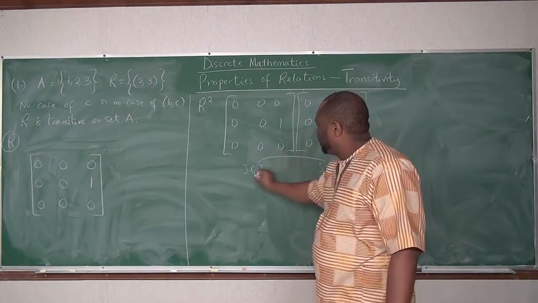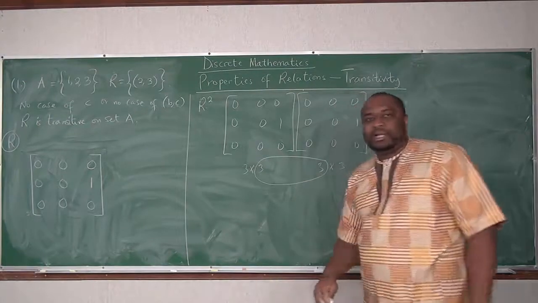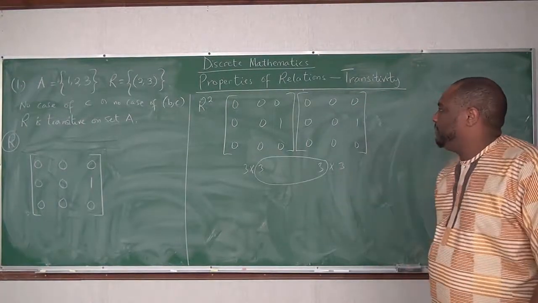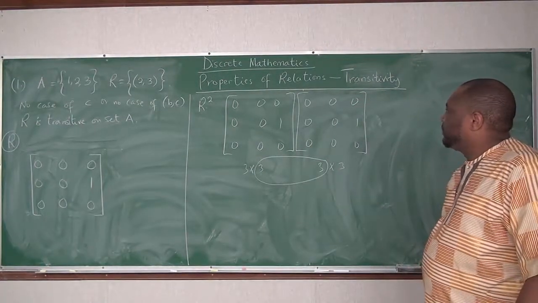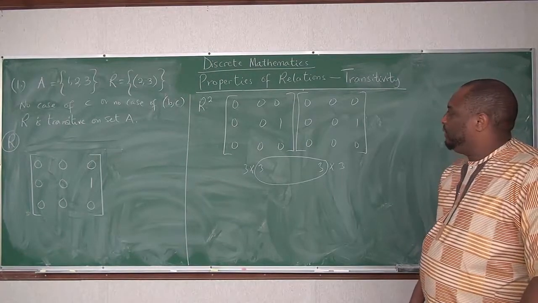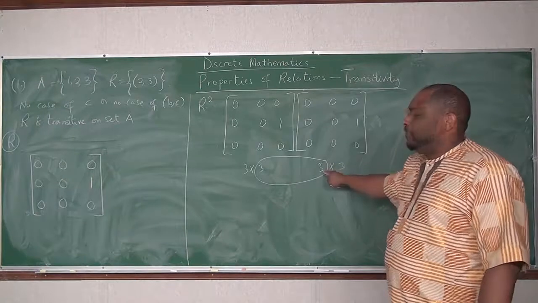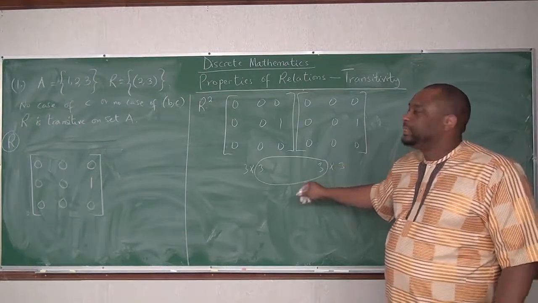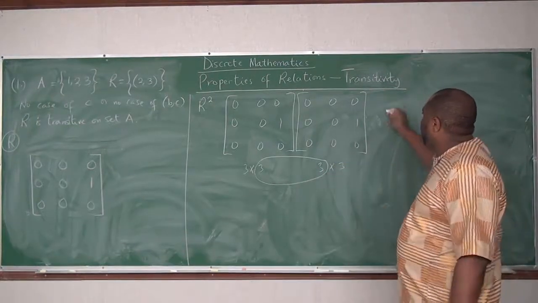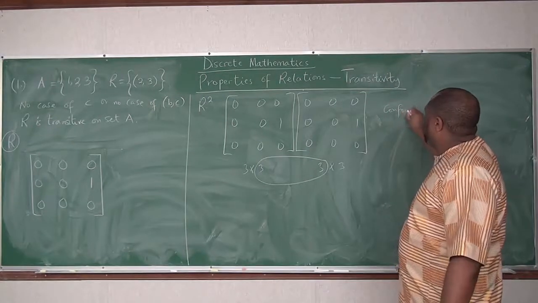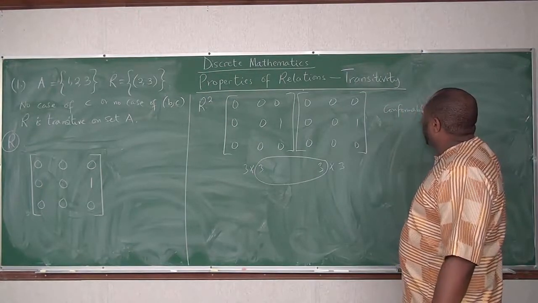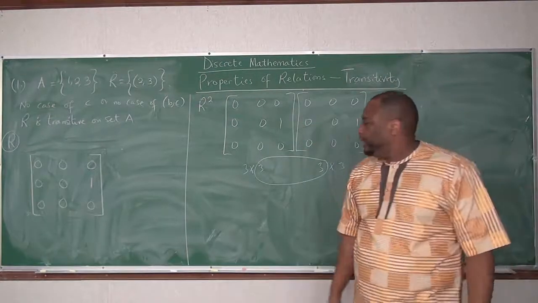And because the number of columns of the first matrix is the same as the number of rows of the second matrix, they are conformable. And of course, you will know that they are conformable because you are just squaring them anyway.